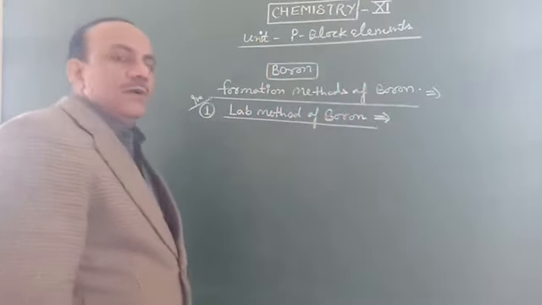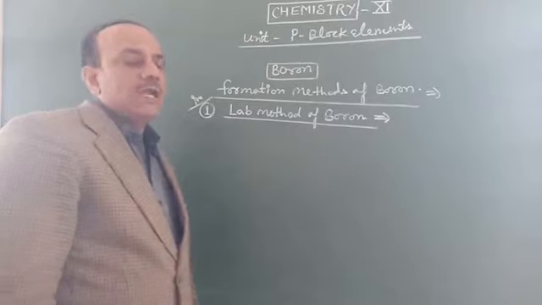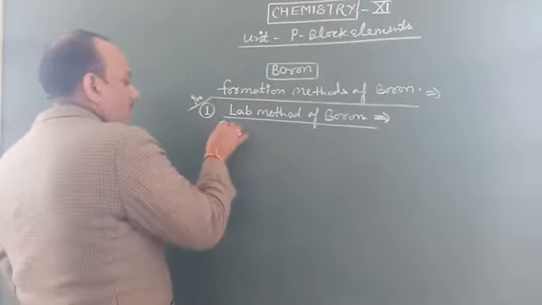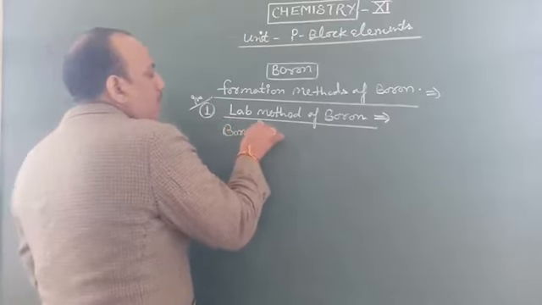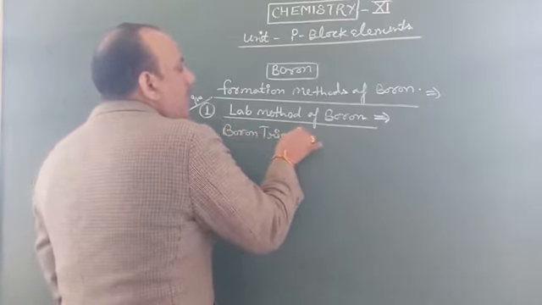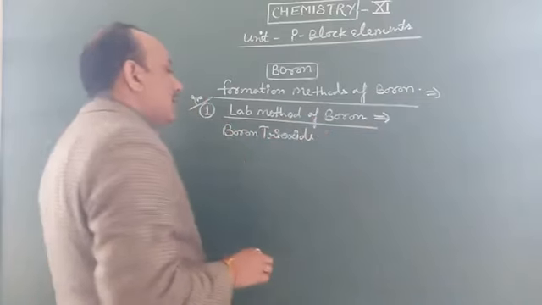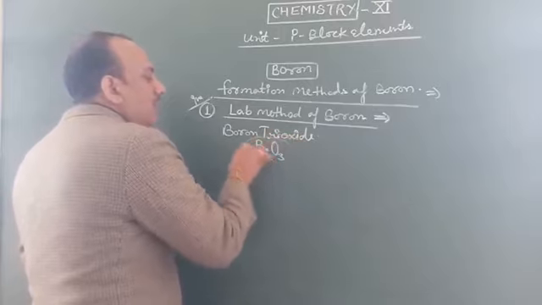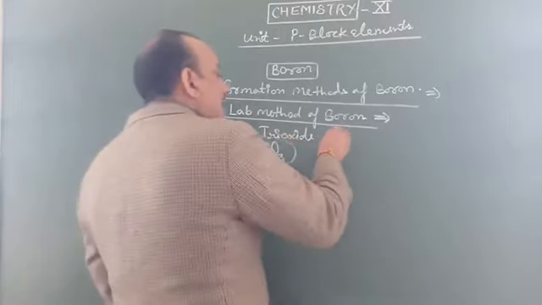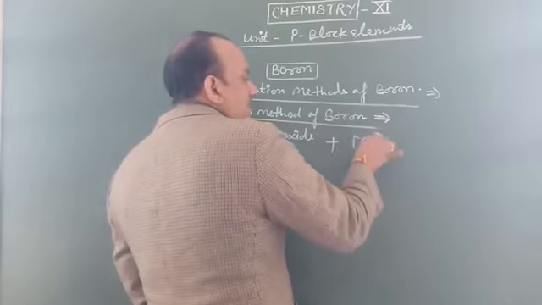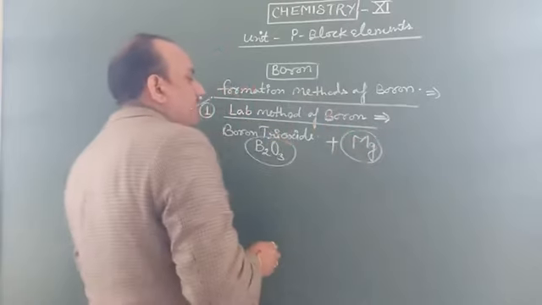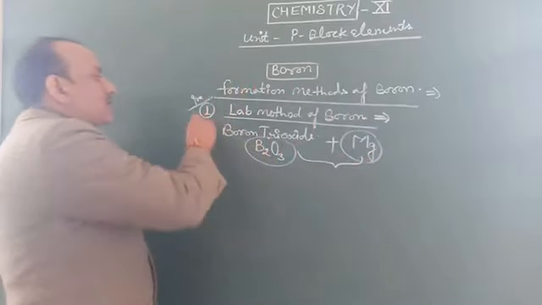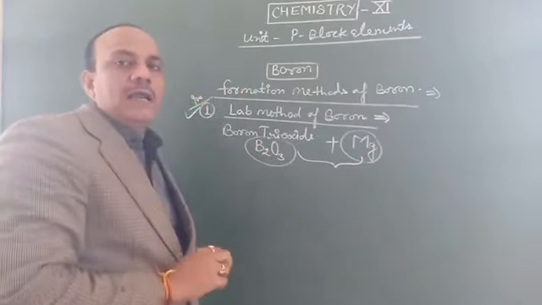In lab, we use boric anhydride or boron trioxide. Its formula is B2O3, and the second reactant is magnesium, Mg. These two essential reactants are used for the preparation of boron in lab.